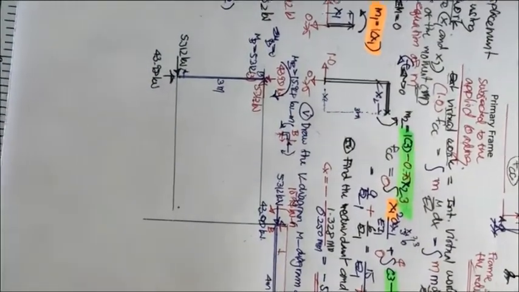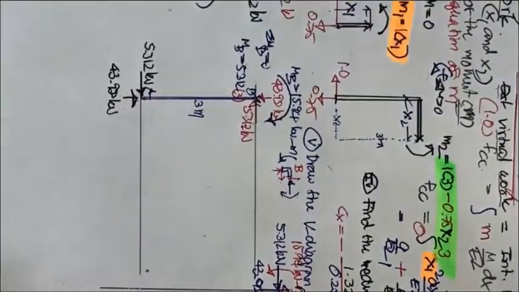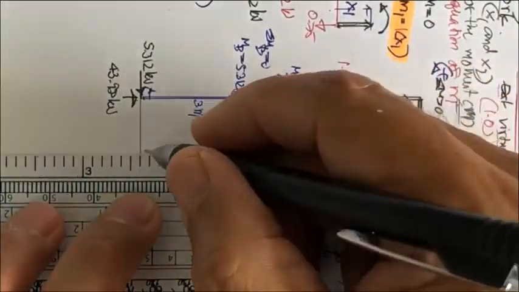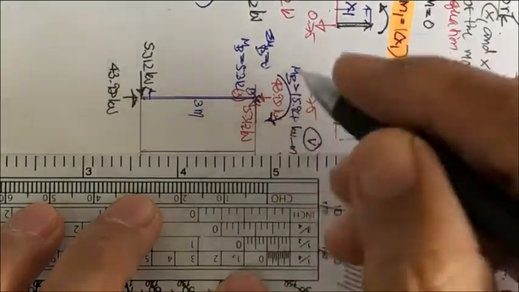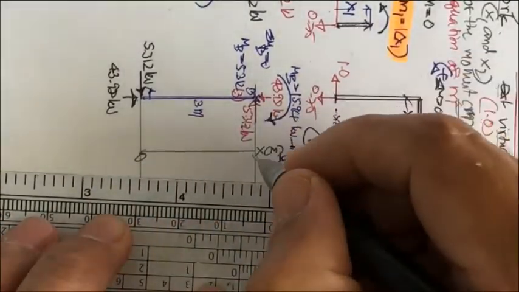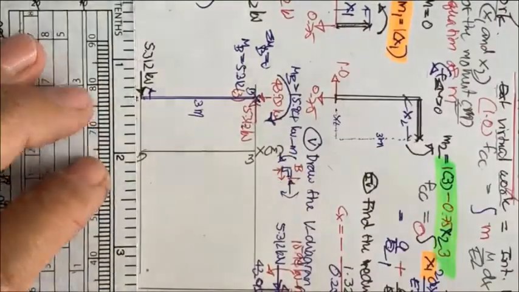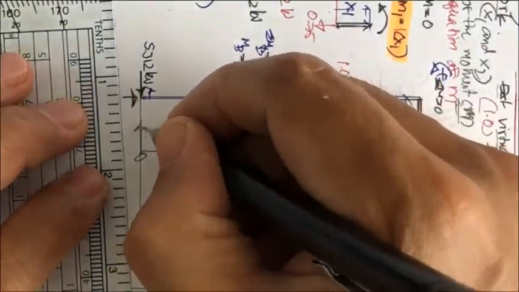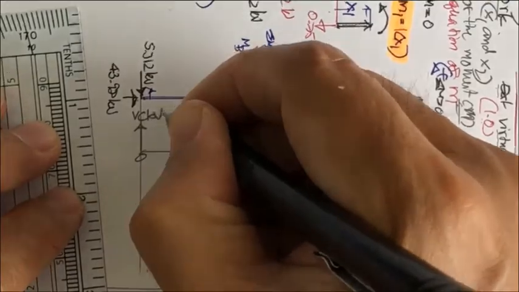Now, we're going to draw the moment diagram, and if you like, you may come this way for the column. You may have this one for X, this one X meter, this is 0, this is 3, and you may have this one for the shear in kilonewton.